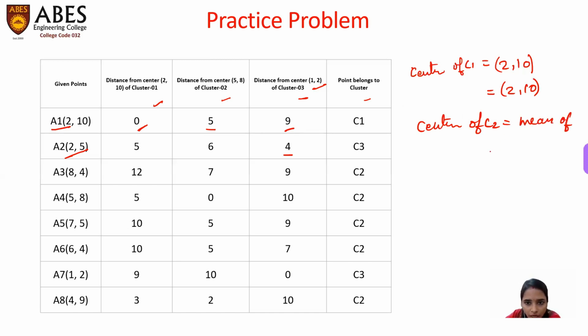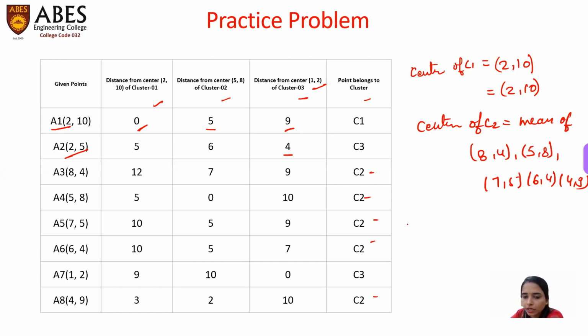So in C2 we have 8, 4, 5, 8, 7, 5, 6, 4, and 4, 9. So here we have 1, 2, 3, 4, 5 data points in cluster C2.